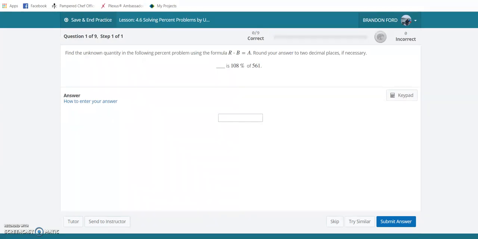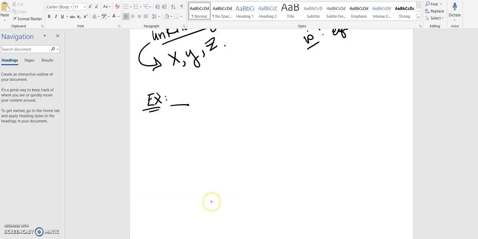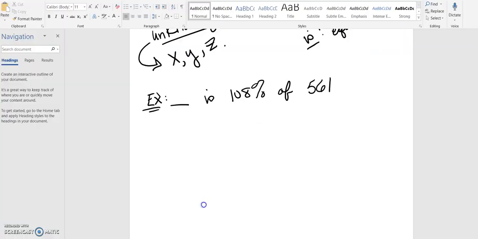It says find the unknown quantity in the following percent problem using the formula R times B equals A. So we know blank is 108% of 561. Let me just make sure I got that right. I do. So here we go.